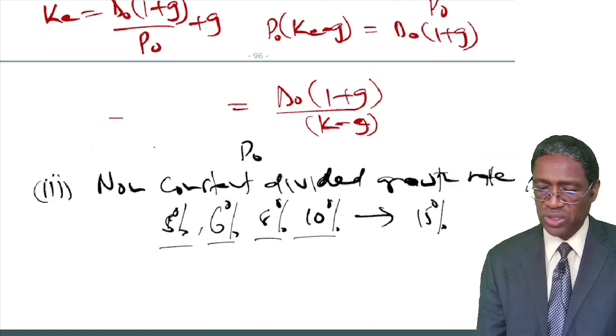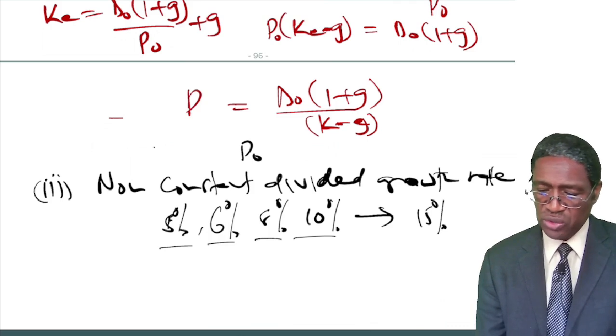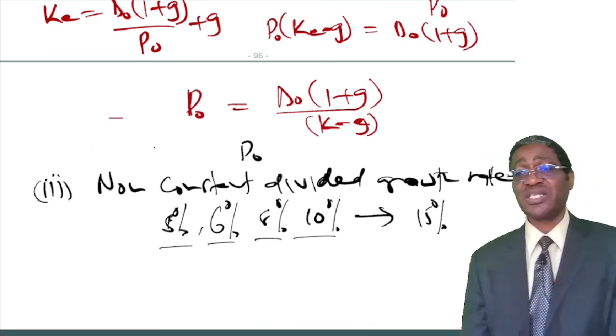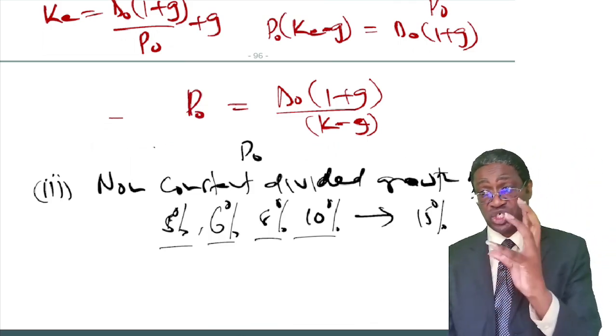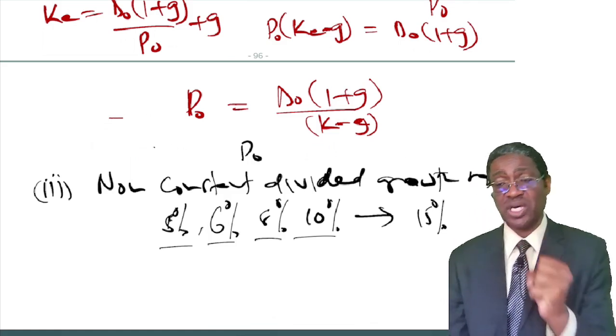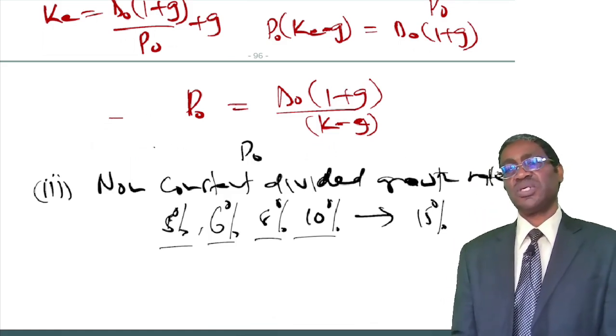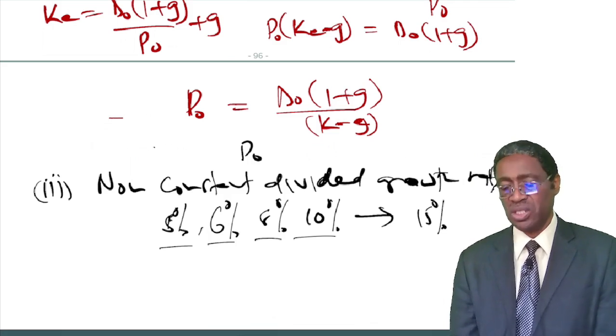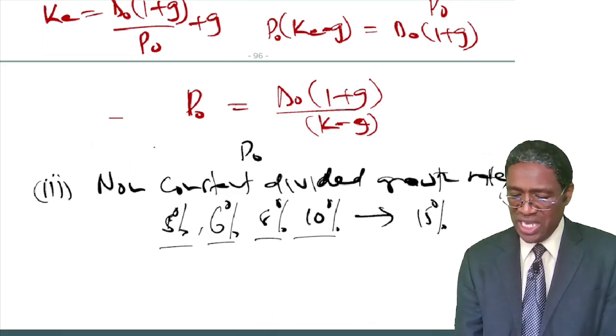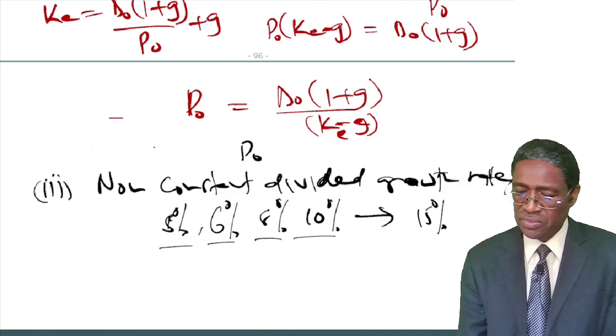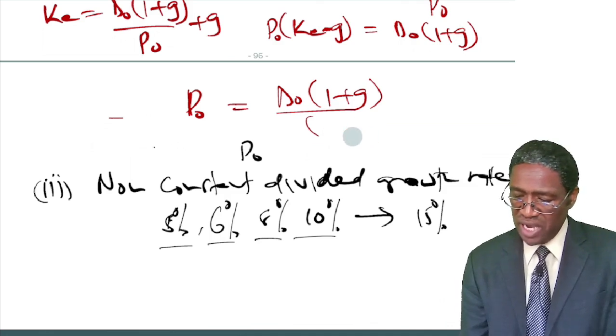I hope you are following. So the formula we shall be using to get the market price per share or the value per share is D naught into 1 plus G divided by KE minus G.